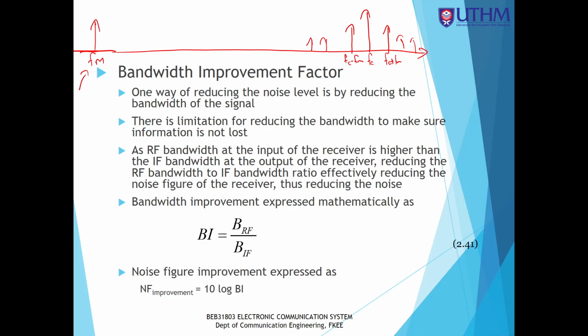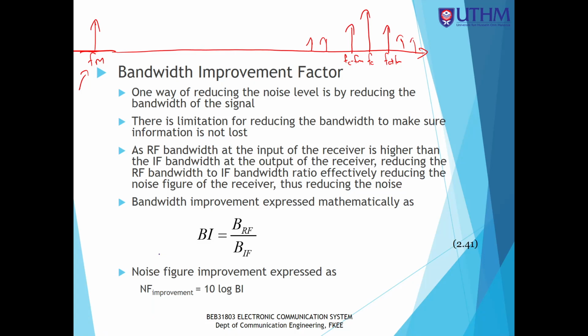So how does the receiver do the conversion? It is not directly converted into FM. Instead, it will change into an intermediate frequency. But before that, there's a tune circuit, remember that previously we have the tune circuit.